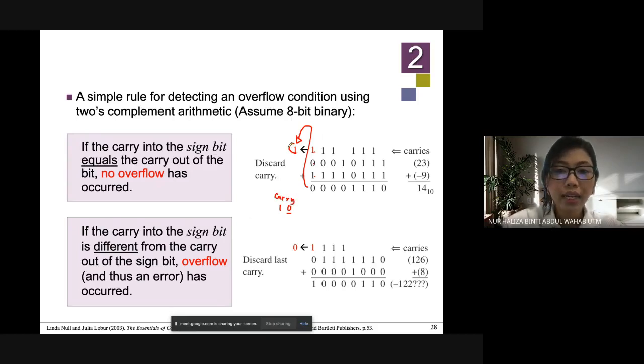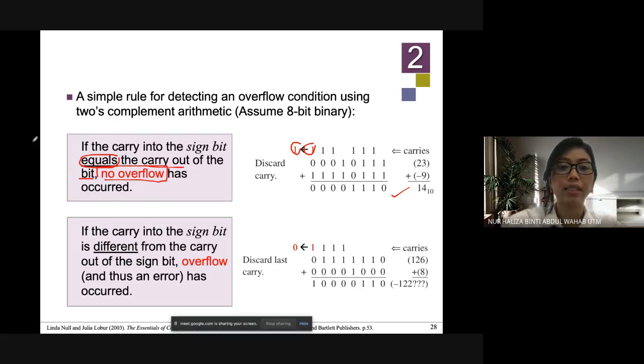So carry over here, if you look at what happened, you can see your carry into the sign bit is equal to the carry out of the sign bit. So there is no overflow. This one and this one are similar, so you assume your answer will be correct because there is no overflow.